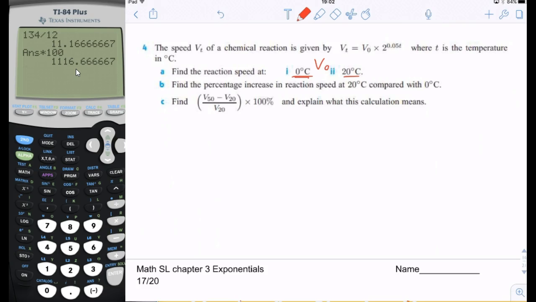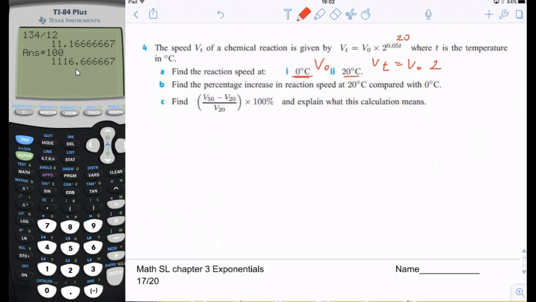Then at 20 degrees, we're going to have a different reaction speed. We're going to put 20 in for t, and we're going to get v subscript t is equal to v subscript 0 times 2 to the 0.05 times 20. 0.05 times 20, if you do it in your calculator, equals 1.